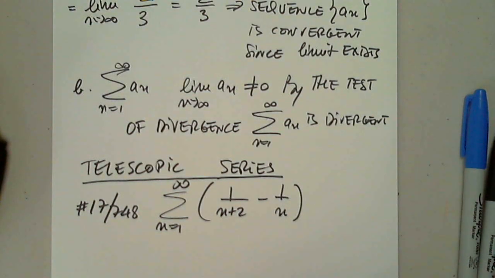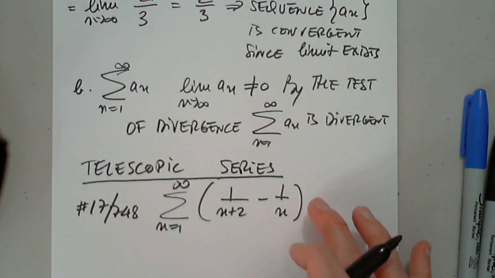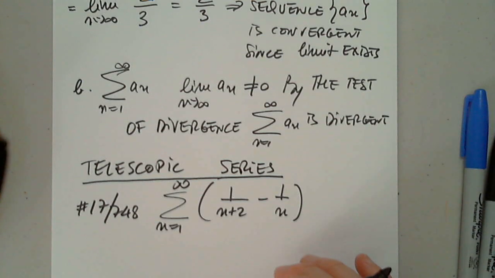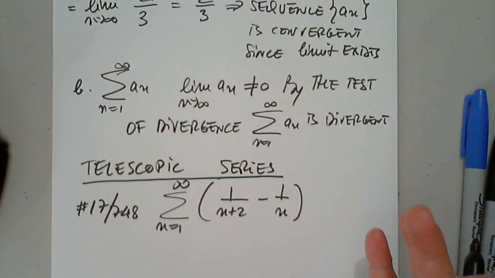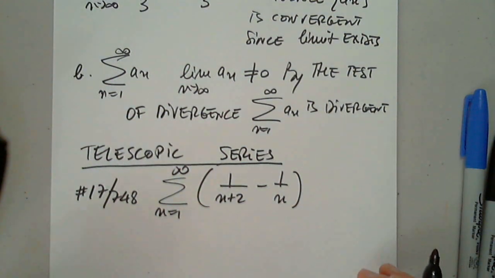So the question here is, determine whether the series is convergent or divergent. And then if it is convergent, find the sum.